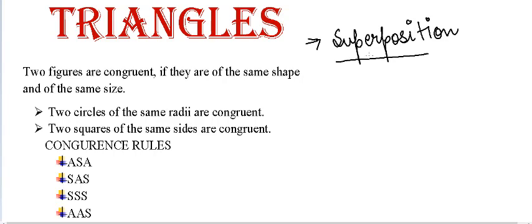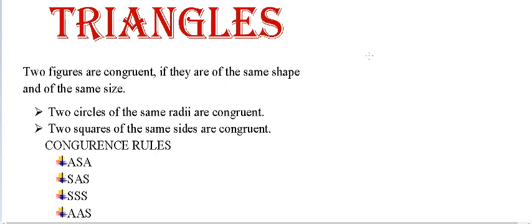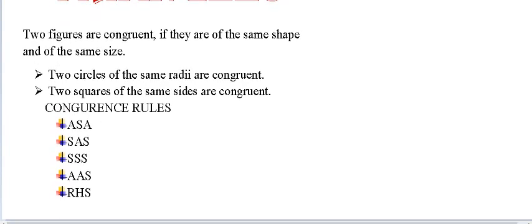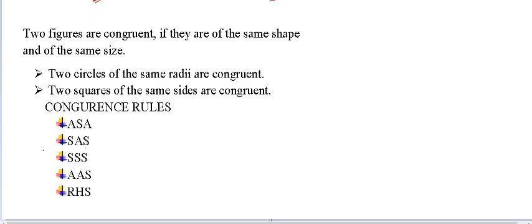What about triangles? There are some rules which define whether a triangle is congruent or not. These rules are defined below. The introduction to these rules and how these rules work were given in your congruency chapter of class 8th, so you can go through that video also.